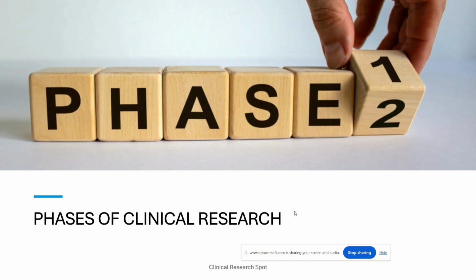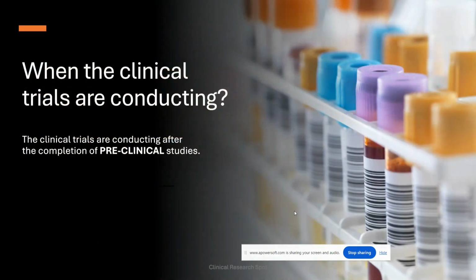To get these questions answered, we have to go through the different phases in clinical research. So it's a lengthy procedure. What are the steps involved in this? That is what we are discussing today. Let's start with this: when clinical trials are conducted, you may hear the term preclinical studies.